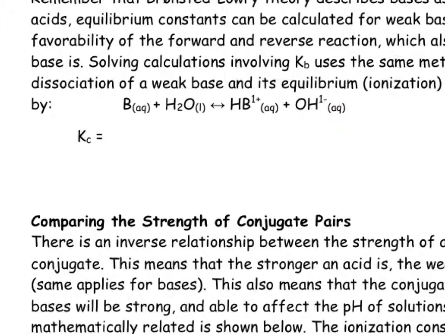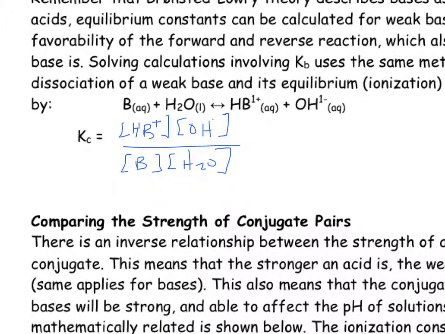If we write the Kc expression for this reaction, we would get the concentration of the products raised to their coefficients divided by the concentration of the reactants raised to their coefficients.